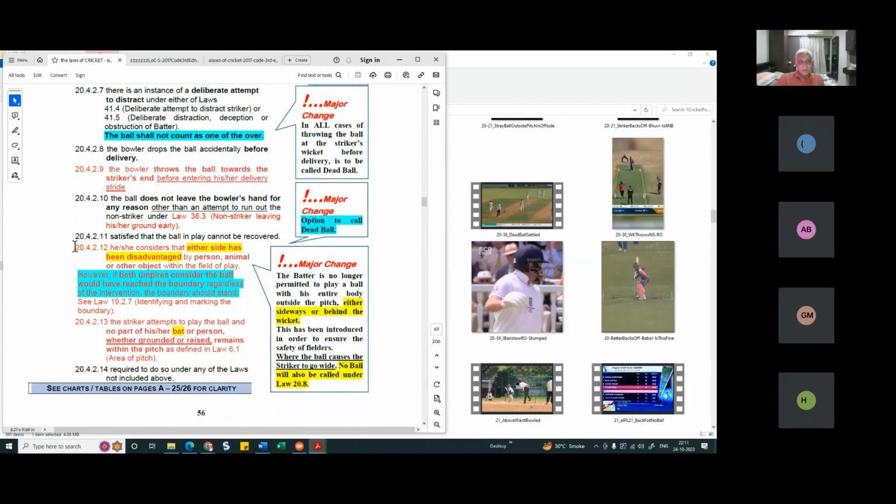Remember when we spoke about Law 19, we have a provision that if an animal, person or object has come into the field of play and intercepted the ball, the umpires have two options: call a boundary or not call a boundary. Depending on circumstances, each case will be judged as per its varying circumstances. There is no standard to be applied.